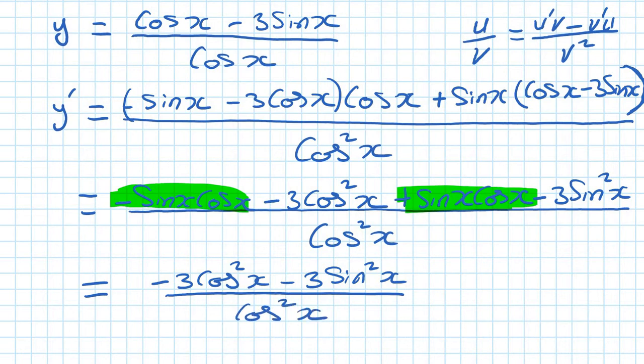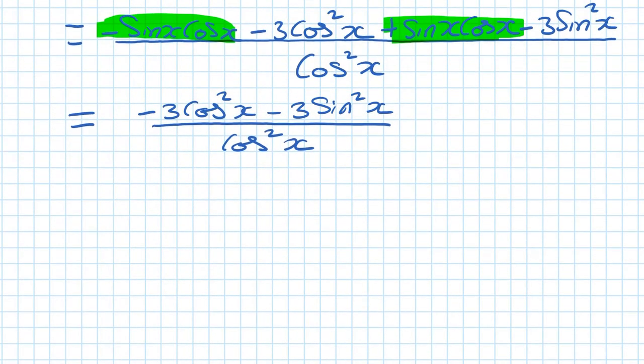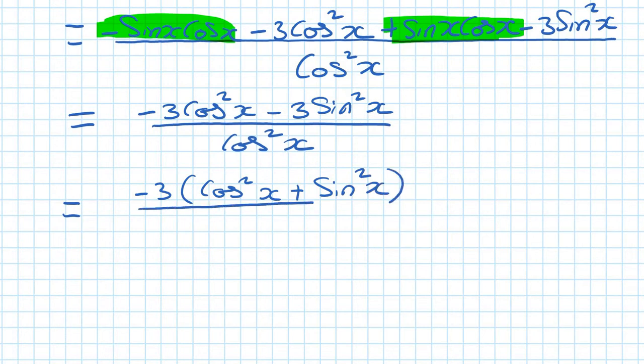I need to move this up so I have space to write. Now I take the common factor out. The common factor is minus 3, so I take minus 3 out, giving me cos square of x plus sine square of x all over cos square of x.